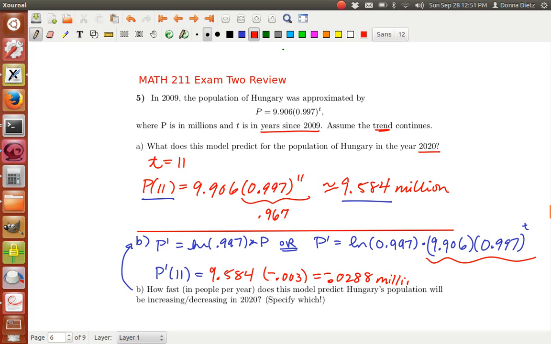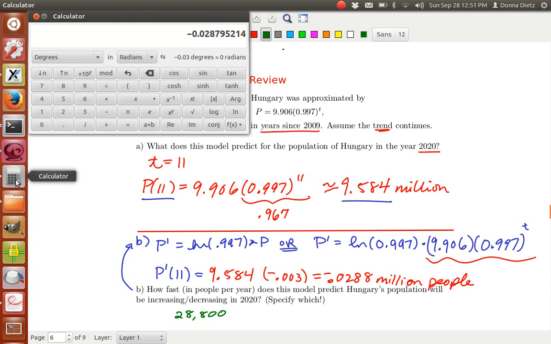But we don't talk about negative 0.0288 million people. I probably wouldn't take off on your exam if you did something like that, but the correct answer would be 28,000, or something like that.